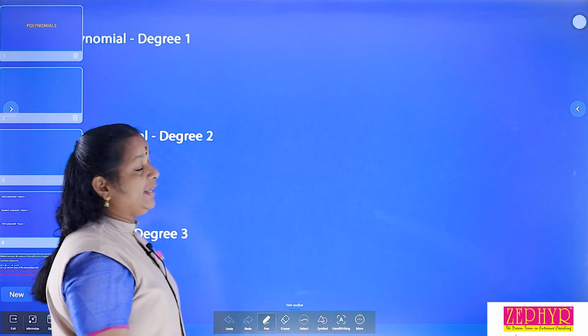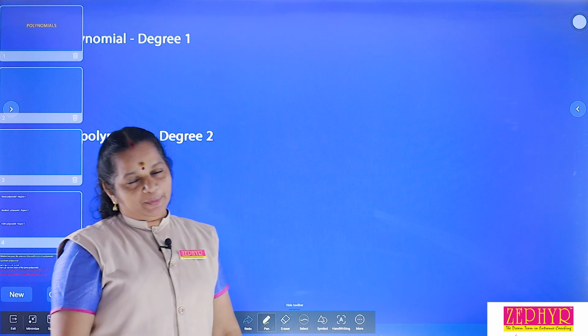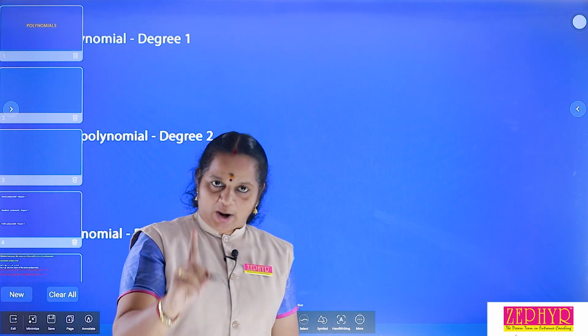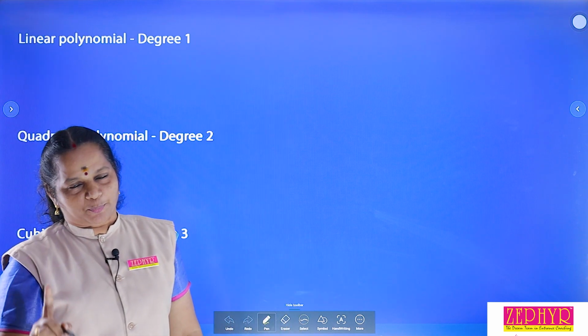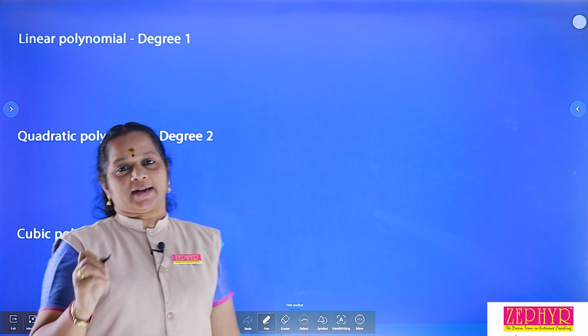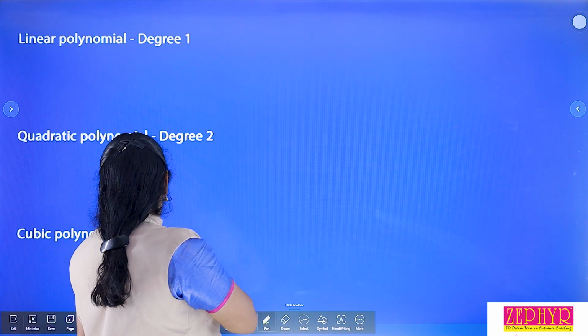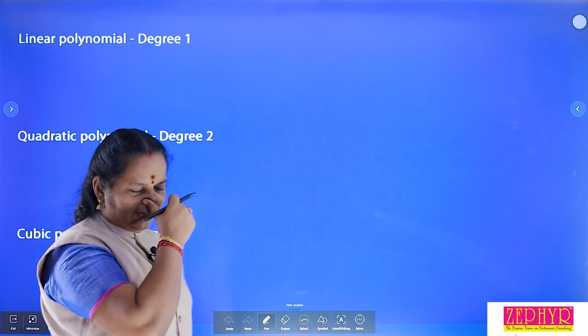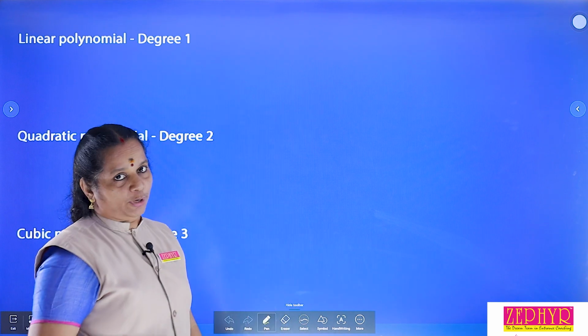The first one is a linear polynomial. If a polynomial has degree 1, it is called a linear polynomial; if it has degree 2, it is called a quadratic polynomial; and a polynomial with degree 3 is called a cubic polynomial. In this chapter we are discussing these three types of polynomial.